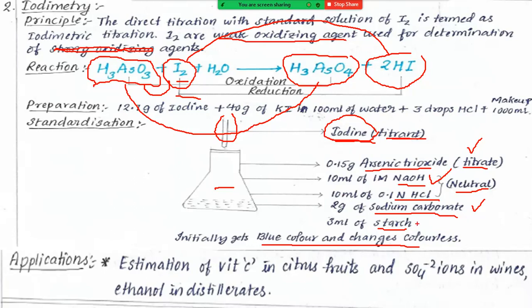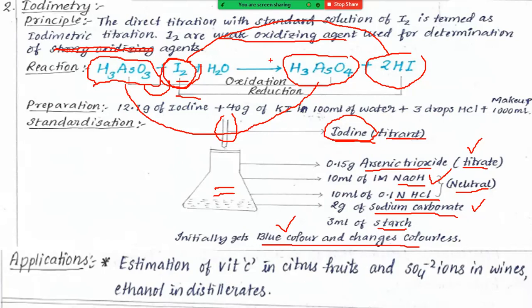So the solution gets a blue color. But after iodine is consumed by the arsenic acid, there are no iodine molecules present in the solution, so slowly the blue color disappears. This is the reason the endpoint is blue to colorless.